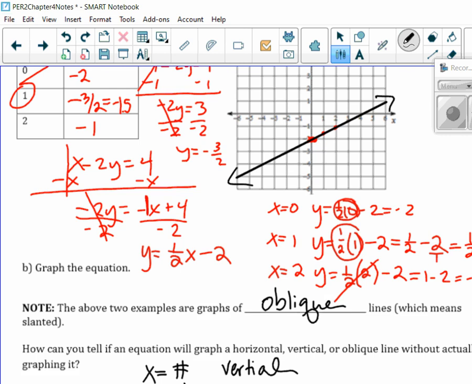Well, that graphed horizontal. If it was in the form something x plus something y equals some number, or if it was y equals something x plus some number, those were cases when they had both x's and y's in the equation. That would give you the oblique or the slanted line.